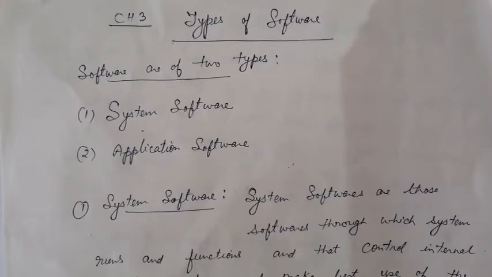Then after finishing computer system in chapter 1, we started chapter 2, which was about hardware. So after assembling the computer, we assemble hardware also in a computer system to make it function properly.